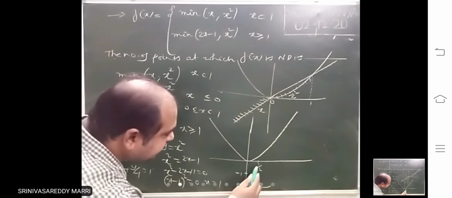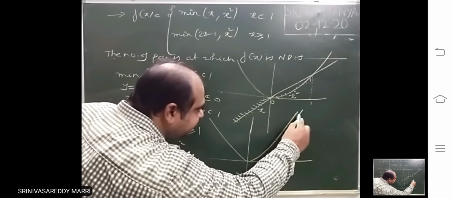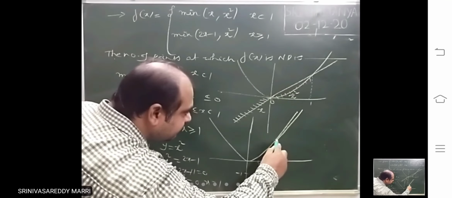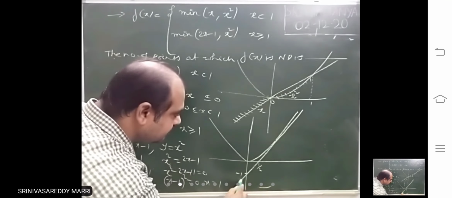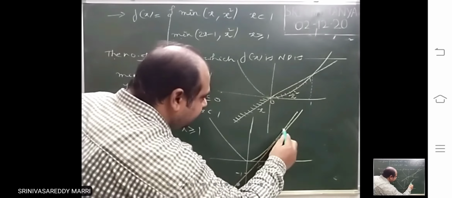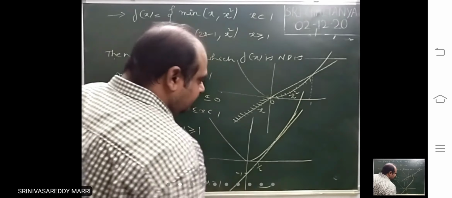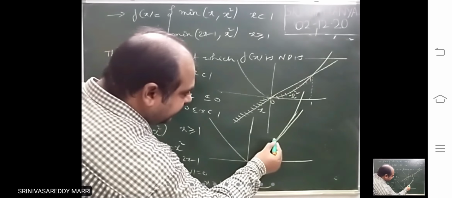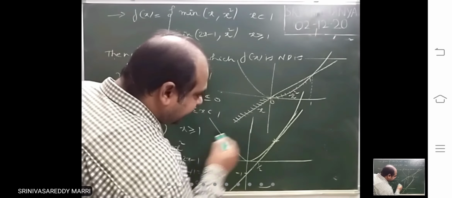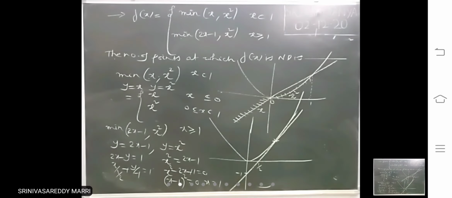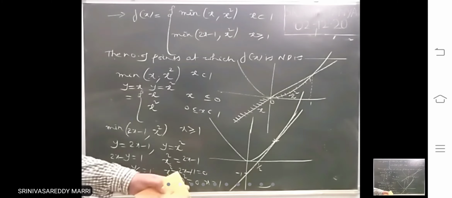The line is intersecting at one point, which means it is tangent to the curve. So this is the graph.